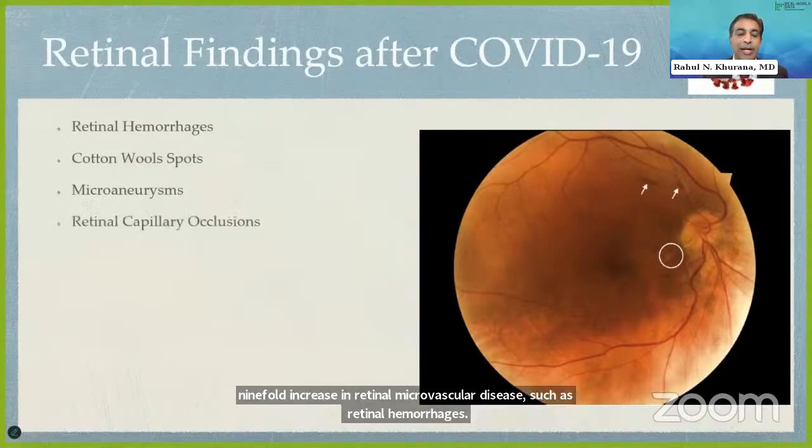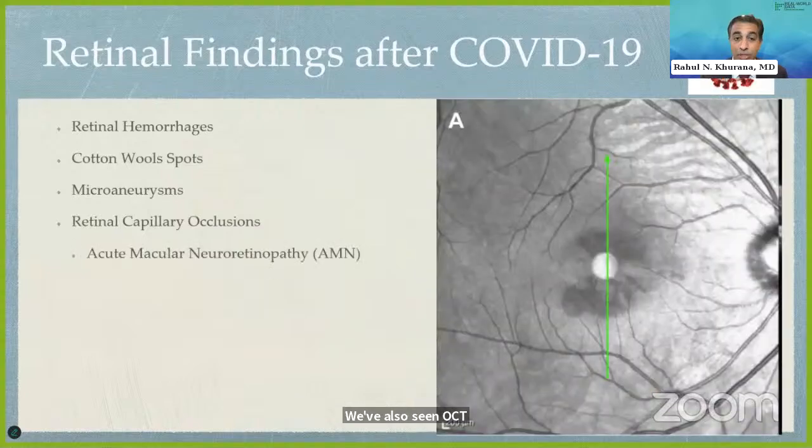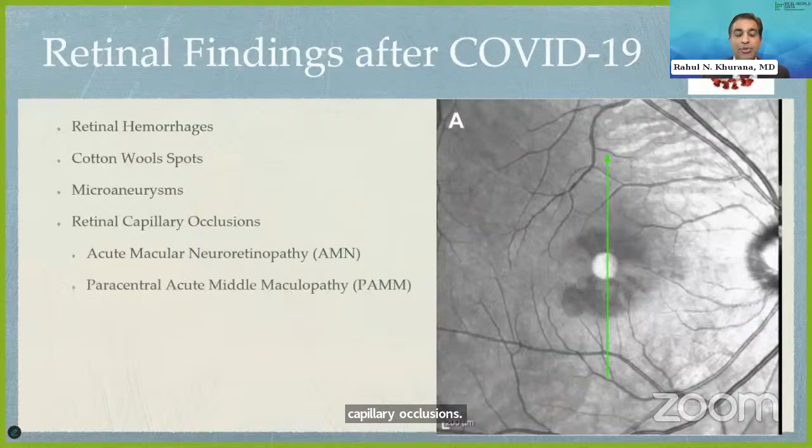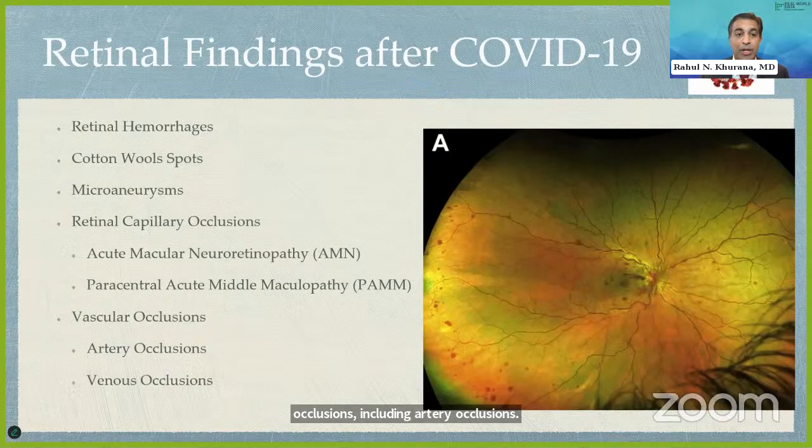We've also seen OCT work has shown evidence of retinal capillary occlusions. There have been cases of acute macular neuroretinopathy and also cases of paracentral acute middle maculopathy. Finally, there have been case reports of vascular occlusions, including artery occlusions and retinal vein occlusions like the patient that I presented earlier in the talk.